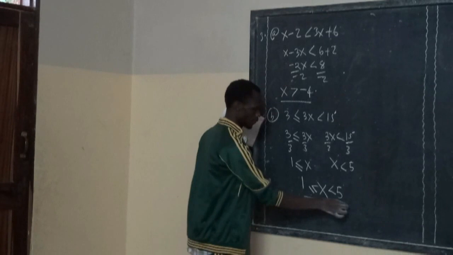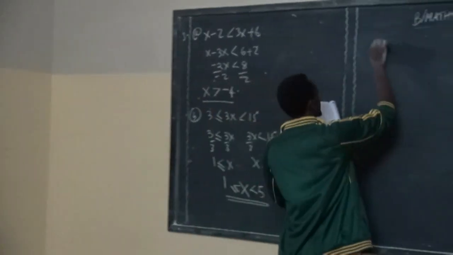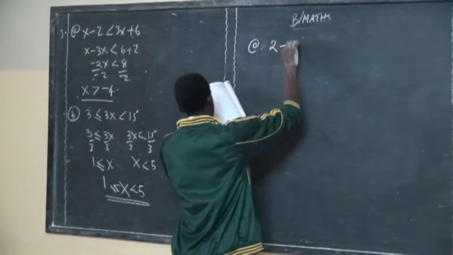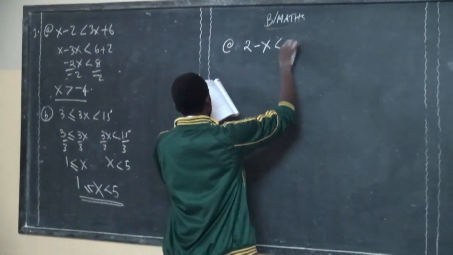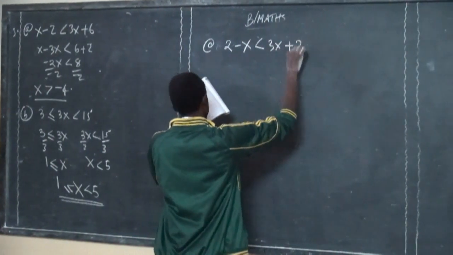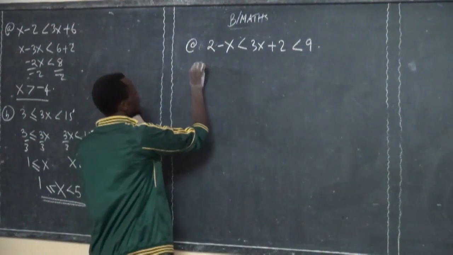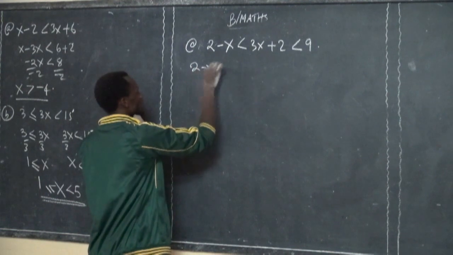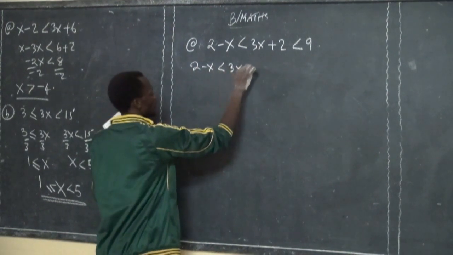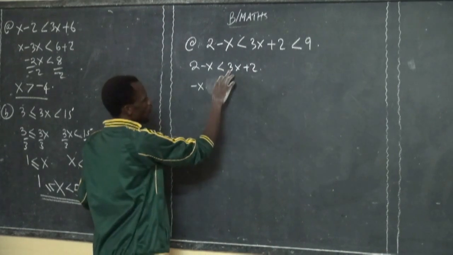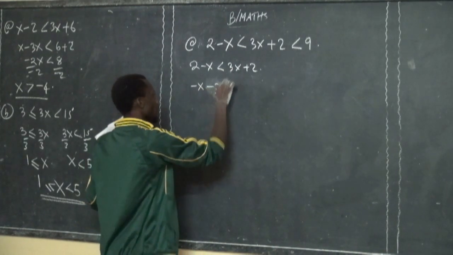Now this is done. Now the last question was C, which is what? It was 2 minus x is less than 3x plus 2 is less than 9. That is to say 2 minus x is less than 3x plus 2. Now if that is the case, this is positive, becomes negative 3x.